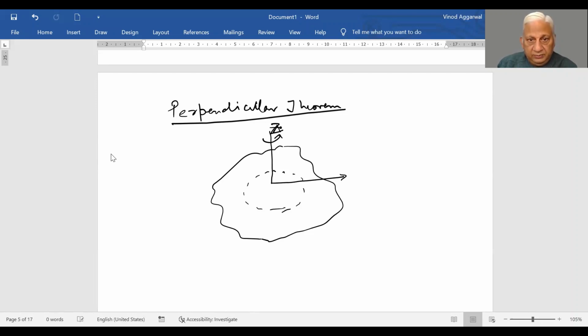This is the X axis, this is the Y axis, this is the Z axis. Then the moment of inertia of the body about one axis is equal to the moment of inertia of the same body if it were to rotate about two axes perpendicular to each other and perpendicular to this as well.